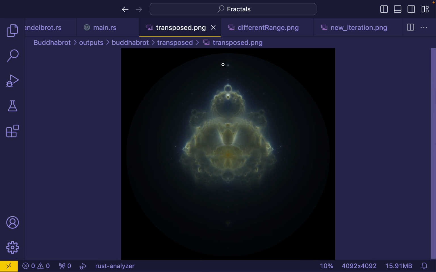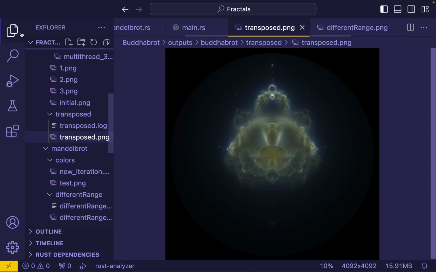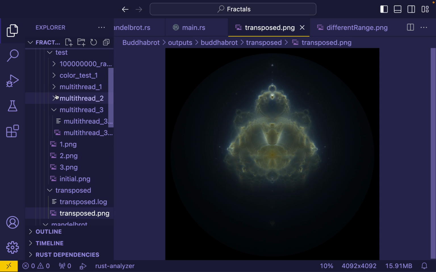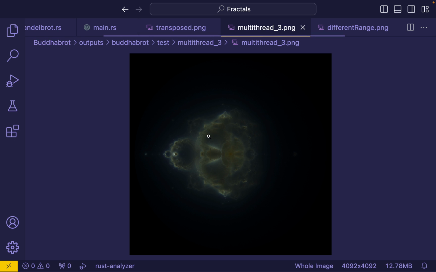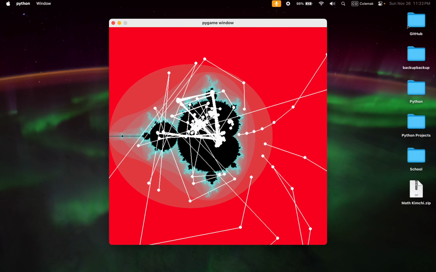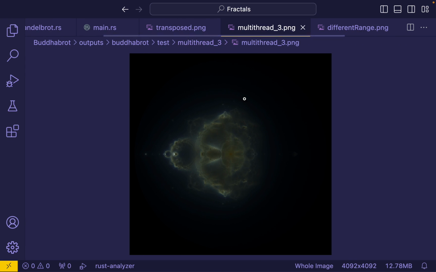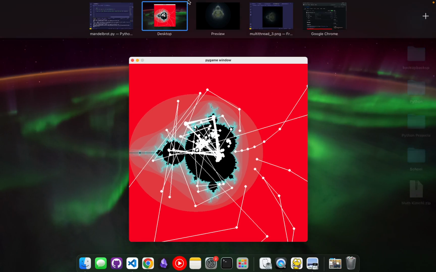This image is actually rotated by 90 degrees. This image is what it would look like if it had the same range as this image here.